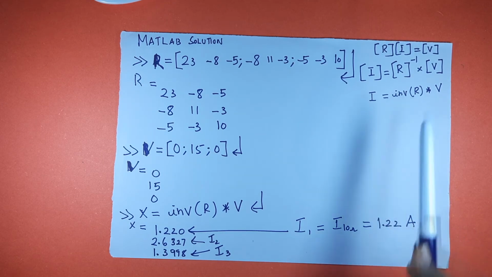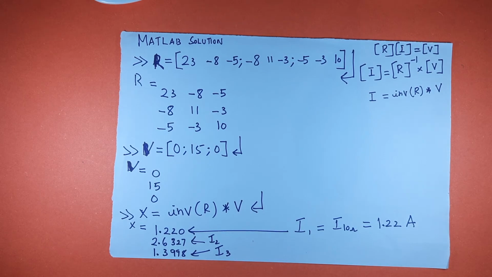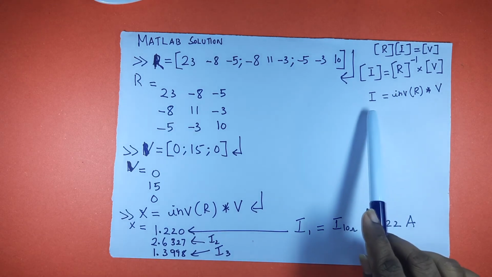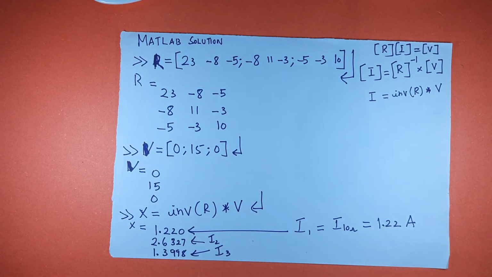R is a 3 by 3 matrix which you have to define in MATLAB, and also you have to define the V matrix, which is a column matrix, and then use this equation to solve.